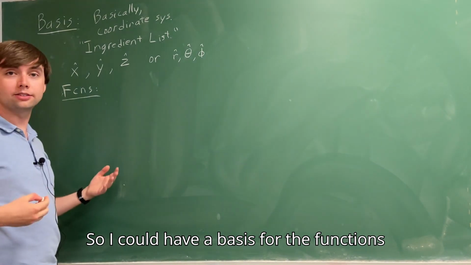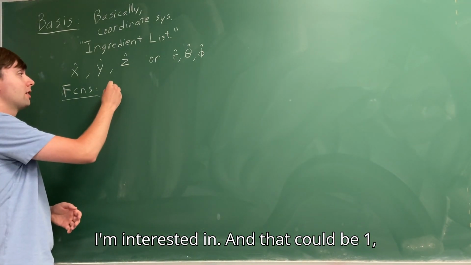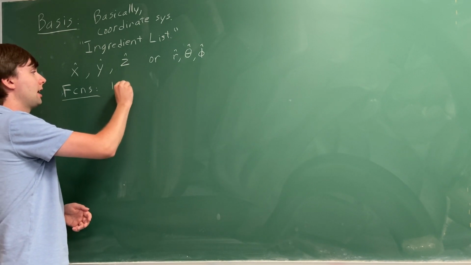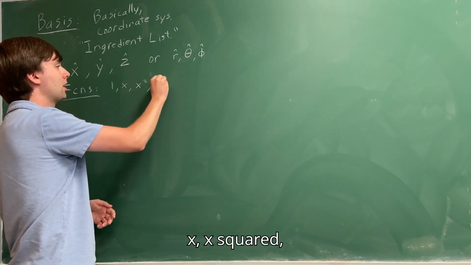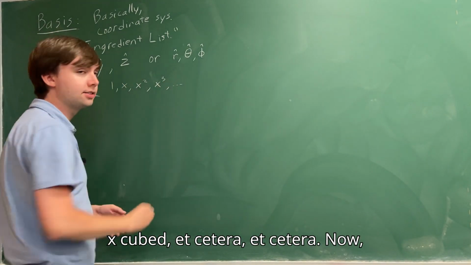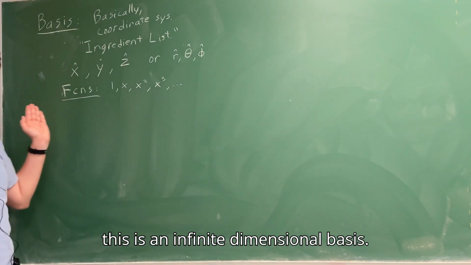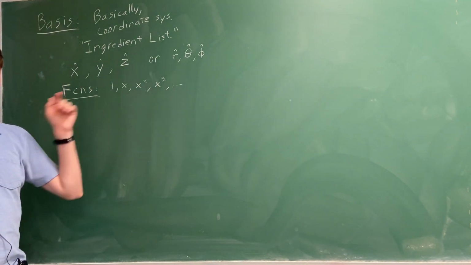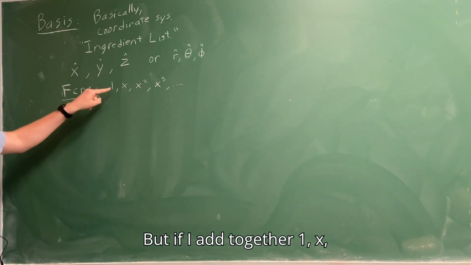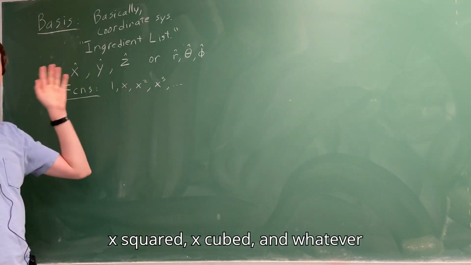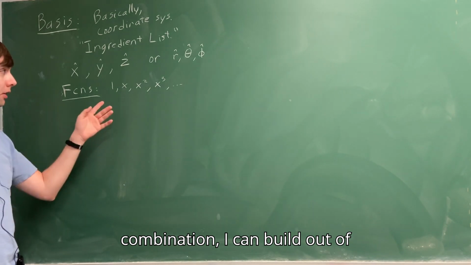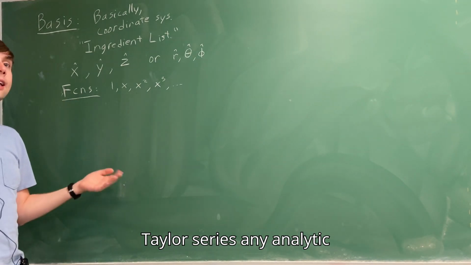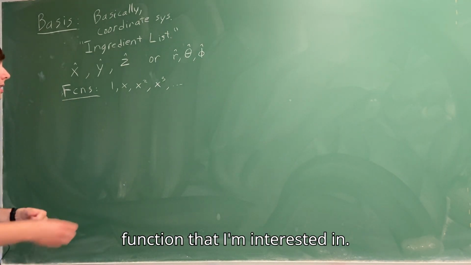So I could have a basis for the functions I'm interested in. And that could be 1, x, x squared, x cubed, etc. Now, this is an infinite dimensional basis. But if I add together 1, x, x squared, x cubed, in whatever combination, I can build out of Taylor series any analytic function that I am interested in.